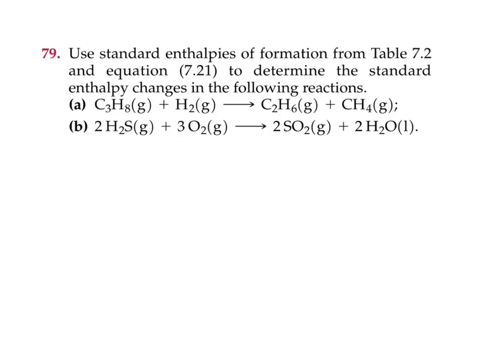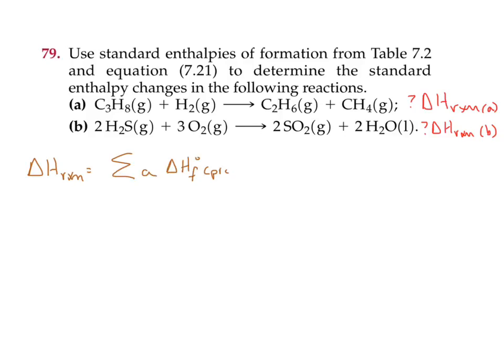Okay, here's what I got. Okay, so we don't know these heats of reaction. So you're supposed to come up with the heats of reaction for A and B. But you can use your tables or whatever to get the standard molar enthalpies of formation of the reactants and the products.